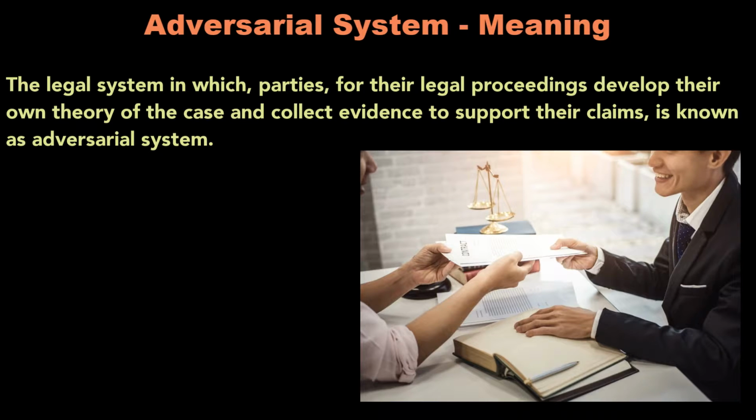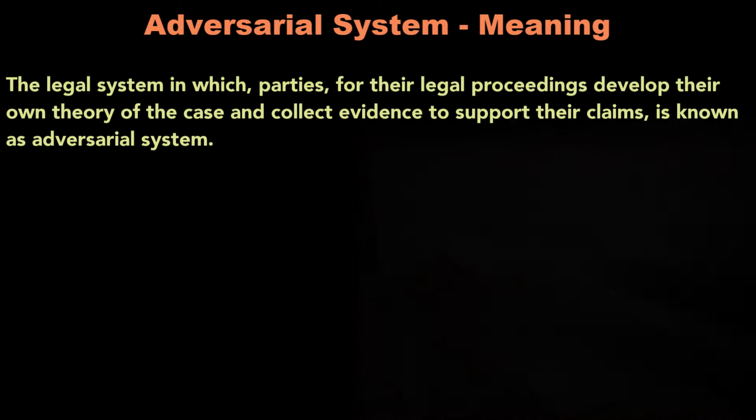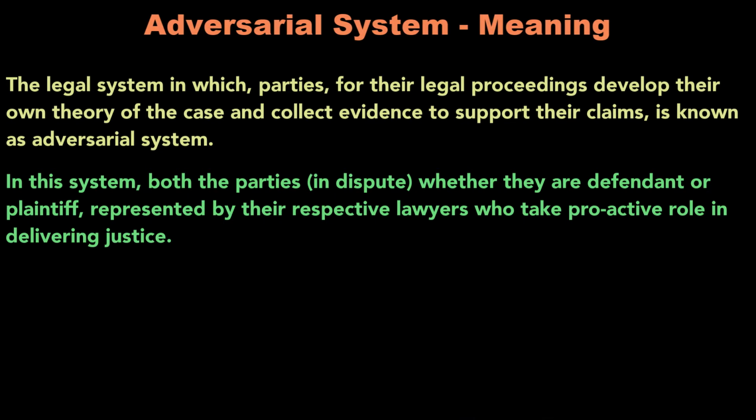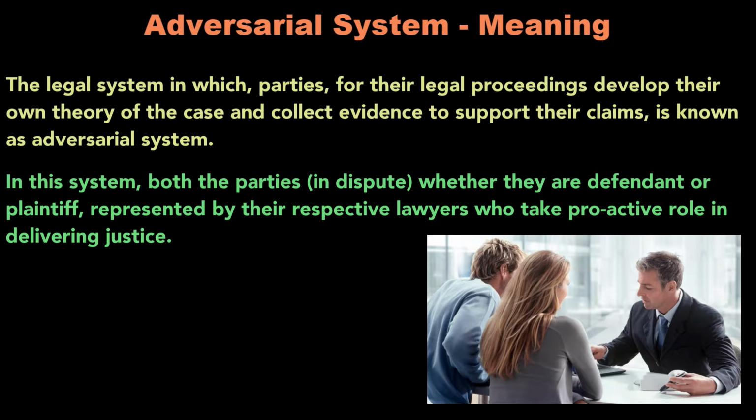See, what this sentence is saying is that parties are playing an active role for their cases, for their claims, isn't it? In this system, both the parties in dispute, whether they are defendant or plaintiff, are represented by their respective lawyers who take a proactive role in delivering justice.